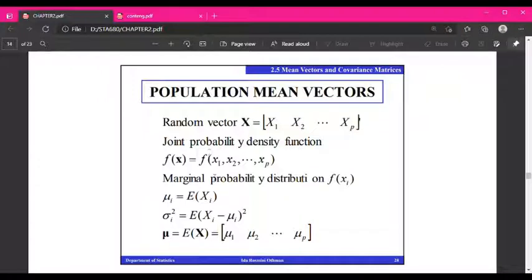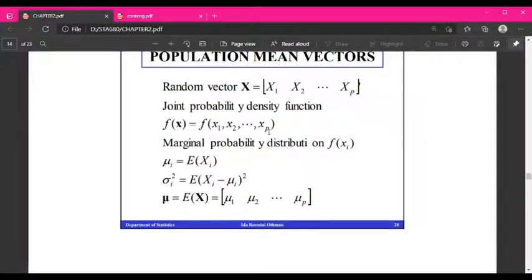The joint PDF of X will be f(x1, x2, ..., xp), where p is how many random variables we have. The marginal distribution is notated as f(xi). As you know, if we have a joint probability density, we can get the marginals; we can separate each of the random variables. Here, the x's are the random variables x1, x2, until xp.